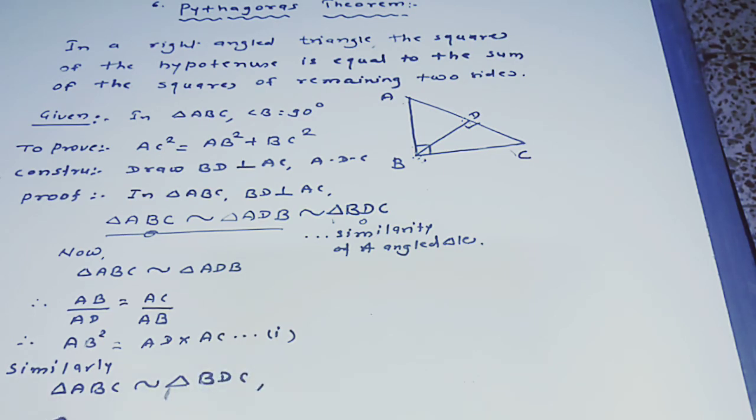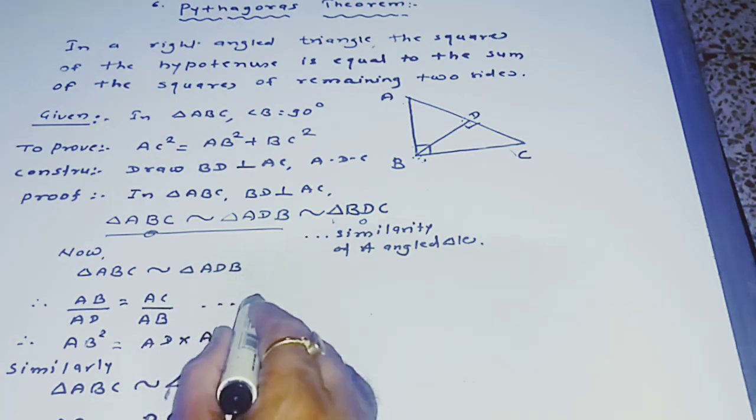Then what we get? AB upon BD is equal to BC upon DC is equal to AC upon BC.